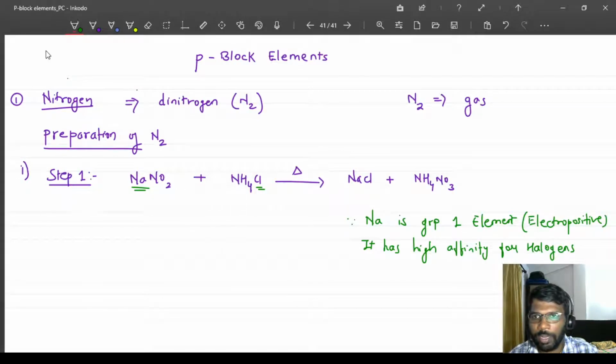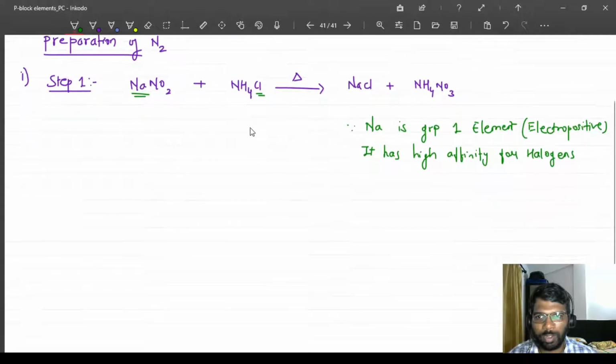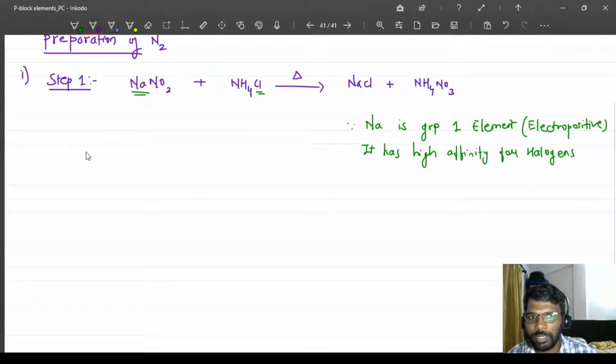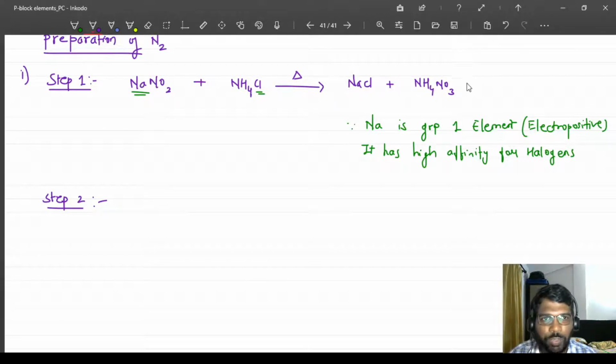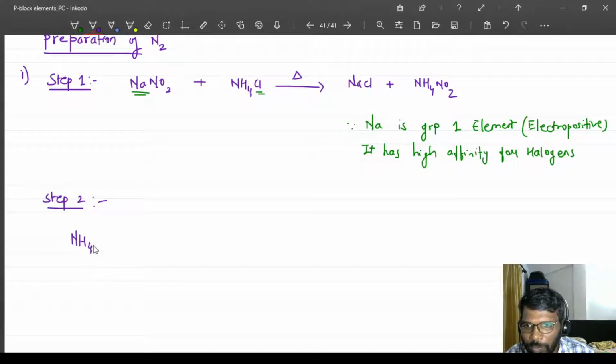This is step one. Now, what is step two of the same process? What we are getting is NH4NO2. Sorry, I made a mistake. This is NH4NO2, ammonium nitrite.